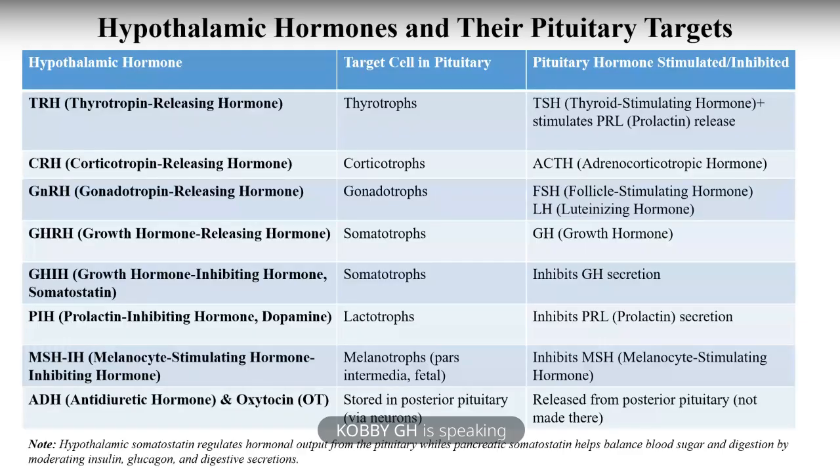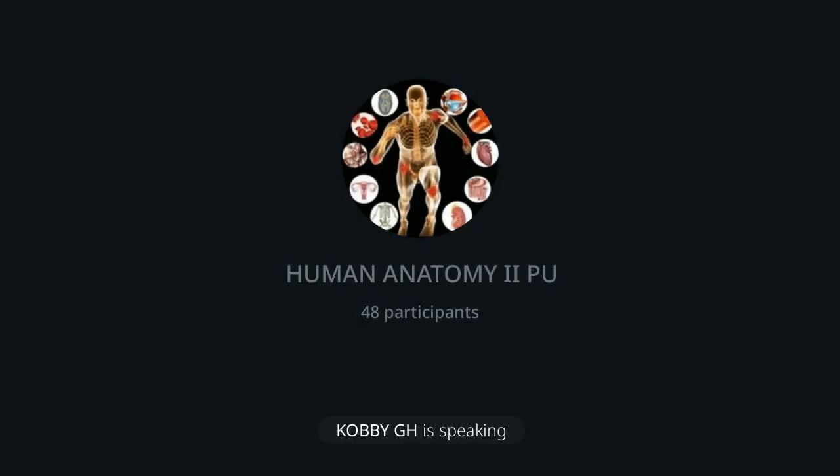When we ask you hormones produced by the pituitary gland, don't talk about oxytocin and ADH. Please keep it in your mind. Do not talk about antidiuretic hormone and oxytocin.